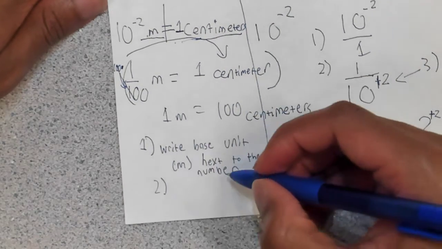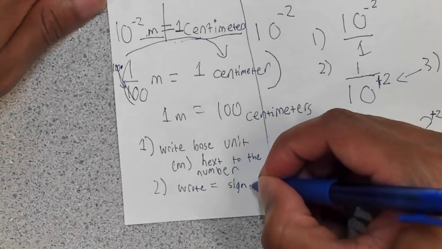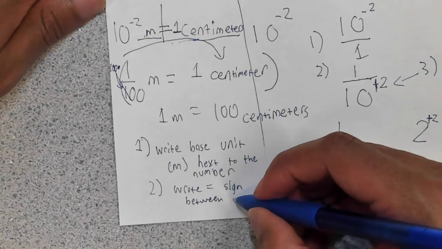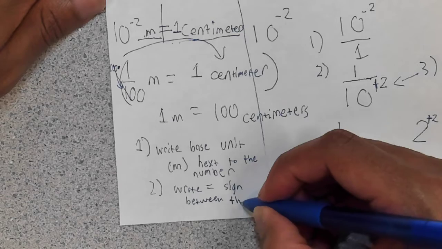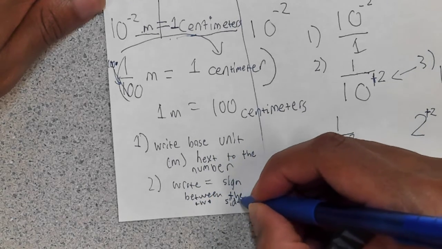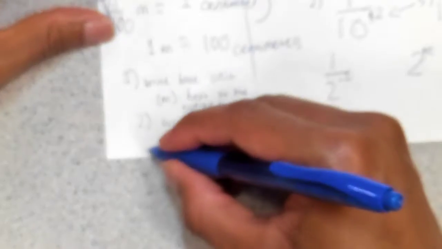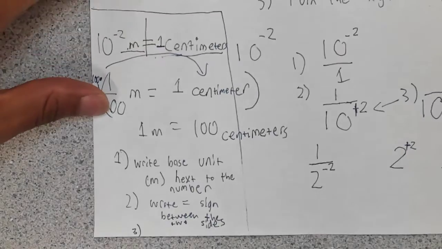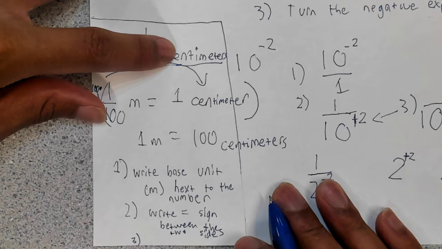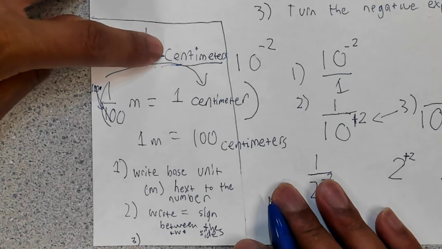Step 2, I wrote the equal sign between the two sides. And then step 3, remember that you need to know the number of units that are over here from the conversion chart. It's always going to be 1.